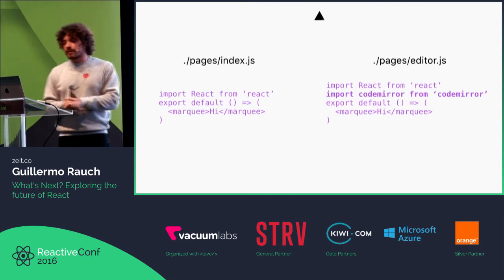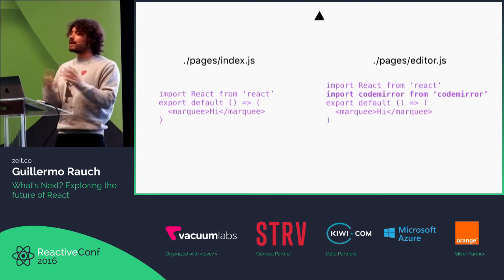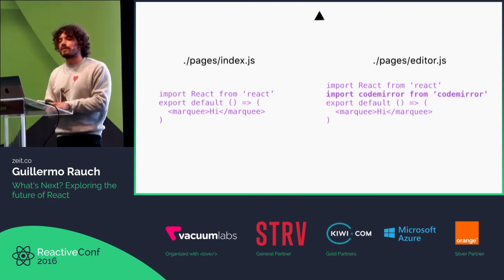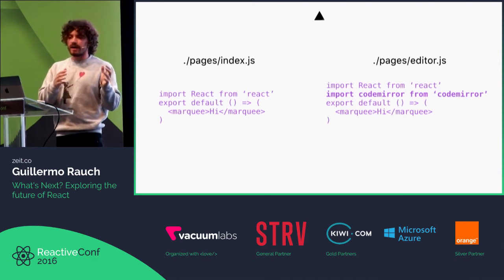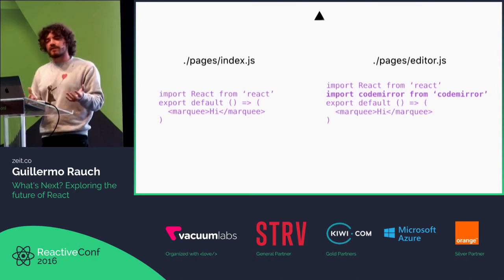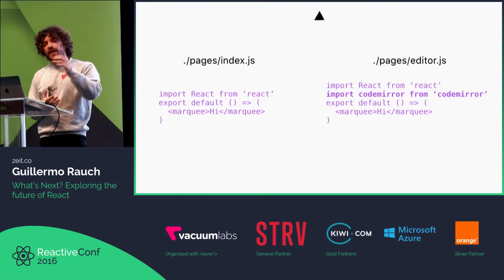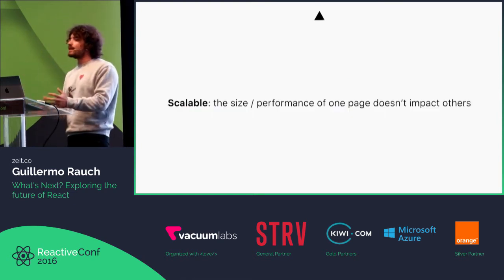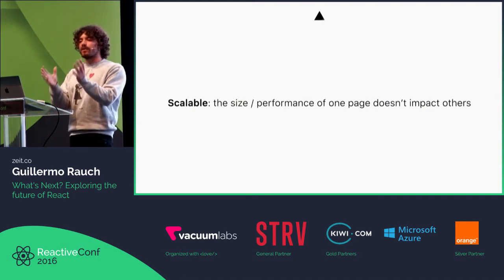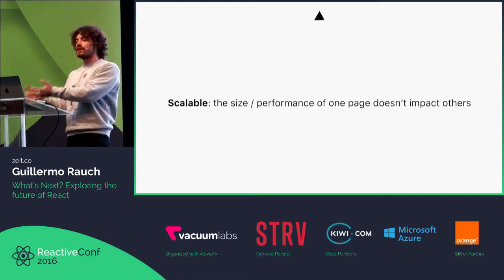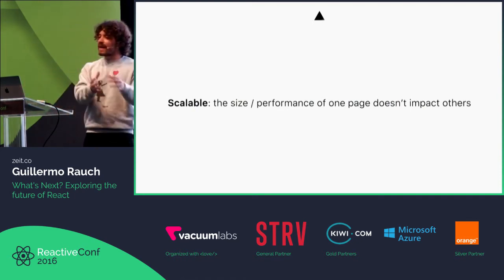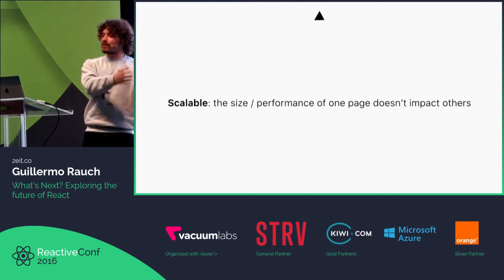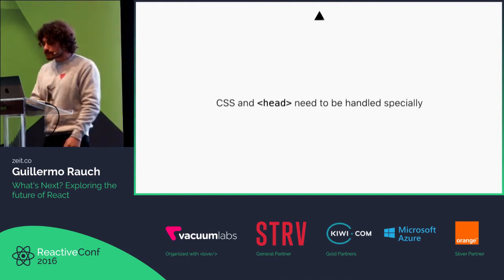So this one is an example of Code Mirror, but we use D3 in other parts of the website for showing you statistics about deployments. And these are very expensive things. And when it comes down to scalability of your code base and your teams, this is critical because when someone is working on a slice of the application, they're not introducing global effects that slow down the performance of other parts of the website.